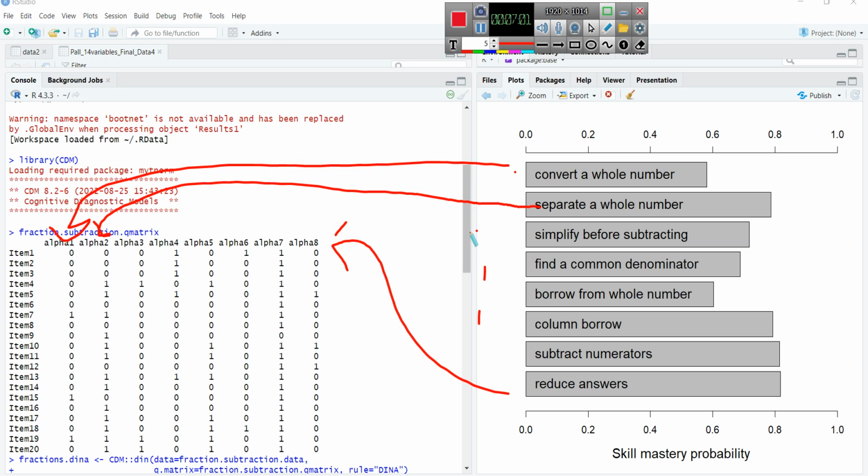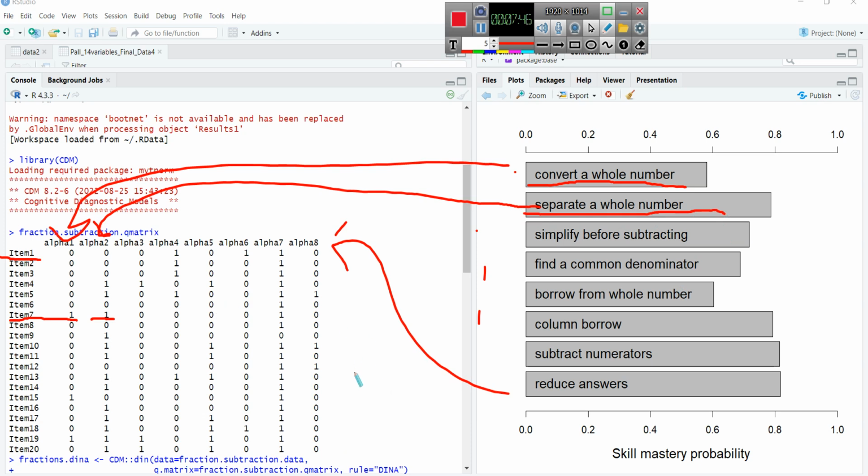For example, skill 1 is converting a whole number. This is the first skill required for answering item 7. For answering item 7, the alpha 1 skill of converting a whole number is required. The second skill is also required. The second skill is separating a whole number, and so on.